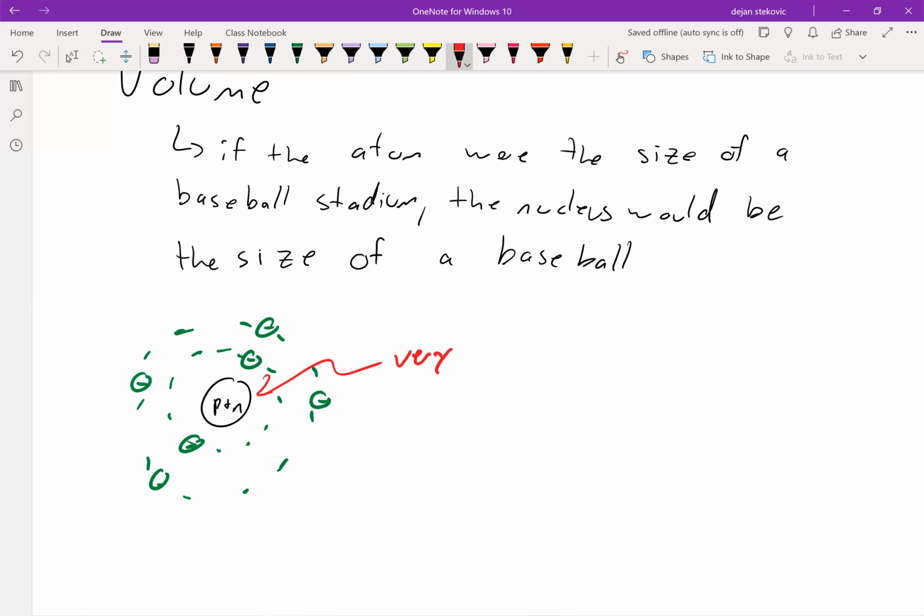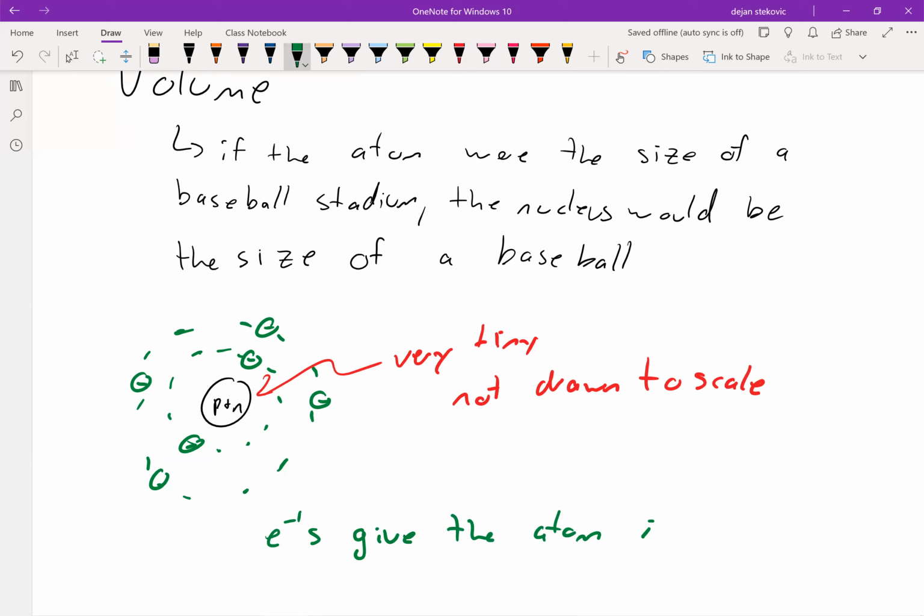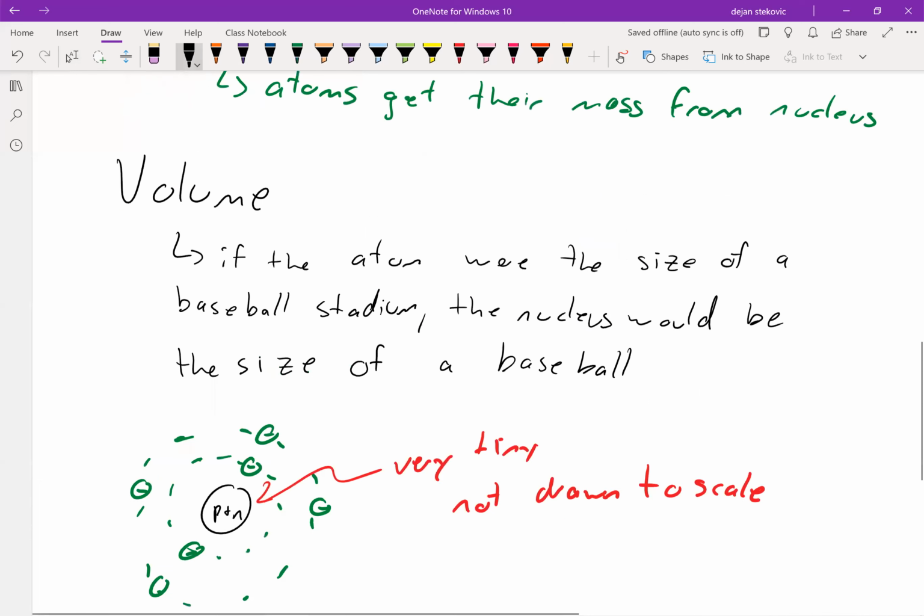The nucleus is actually very tiny, and so it's not drawn to scale. Overall, when we're talking about the volume, the electrons essentially give the atom its volume.